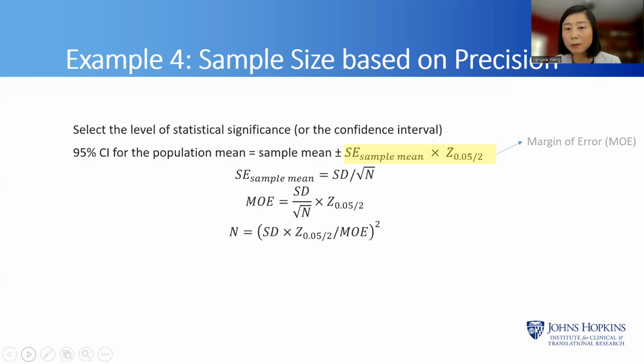I hope you know this is just some basic mathematical operations. After this, we can see that n equals this formula here, and we plug in all the values we know, then we calculate that n should be 216.